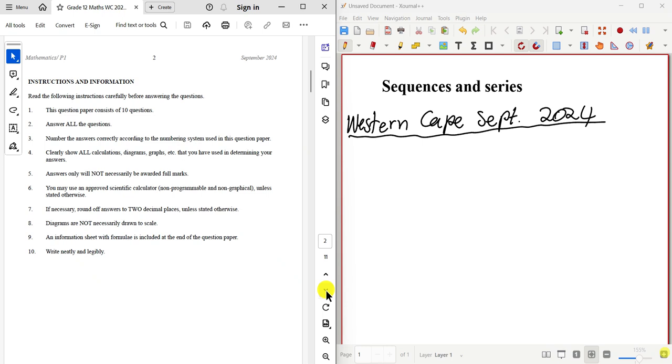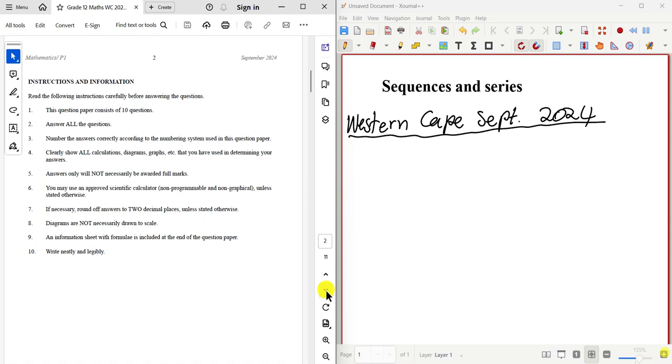In fact, we should read maybe three. Oh no, 4, 5, and 7 would do. So instruction number 4 says, clearly show all calculations, diagrams, graphs, etc. that you have used in determining your answers. Instruction number 5.